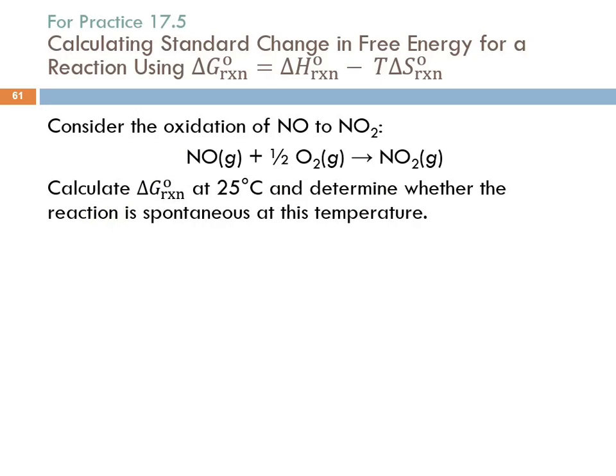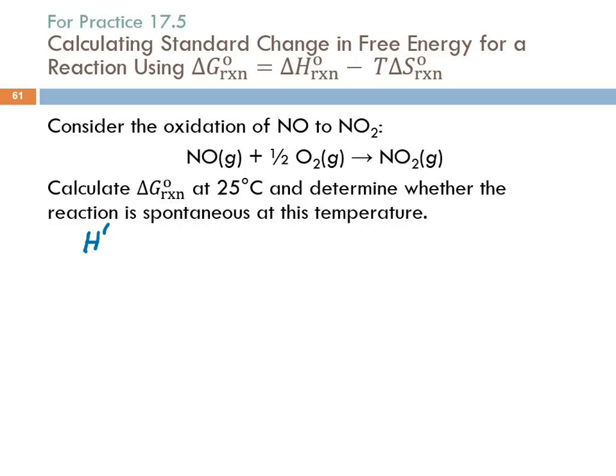So we need to calculate delta G at 25 and identify if this is spontaneous or not. So we need to calculate the delta H and delta S. So I'm going to make a little table under my chemical equation. We need, let's do this one first.